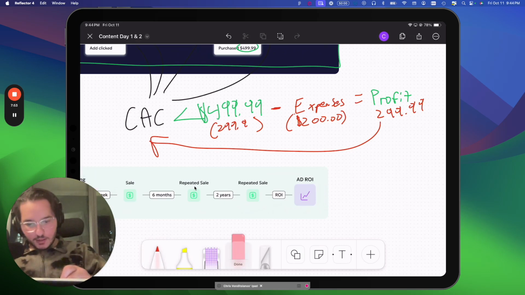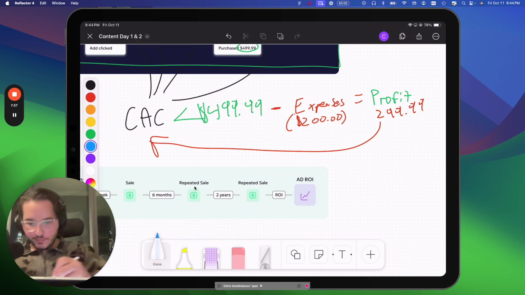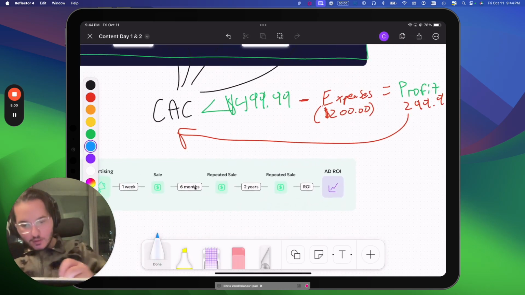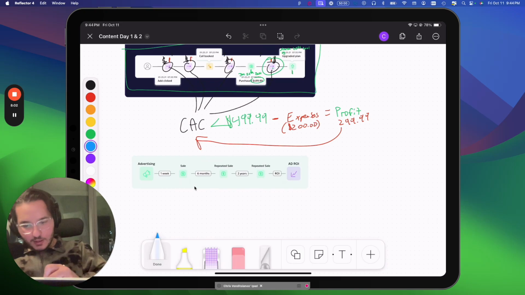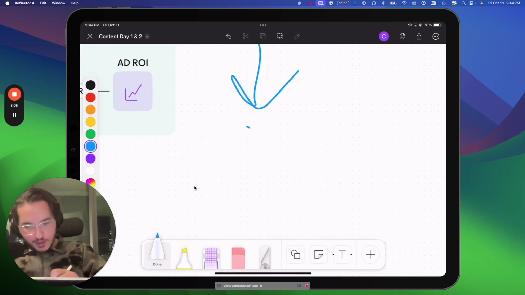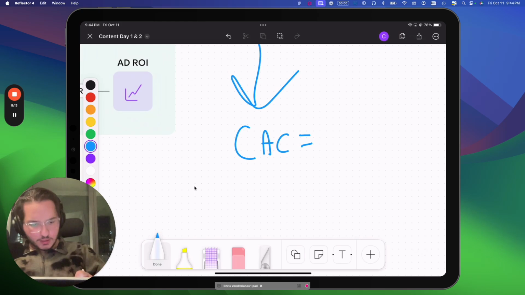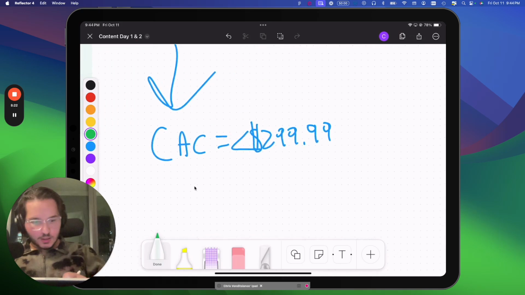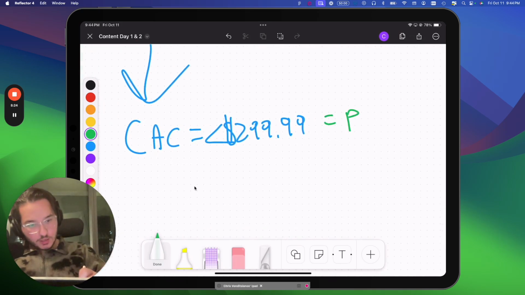I'll just write it all down here, which means cost of acquisition has to be less than $2.99 in order to equal profit.